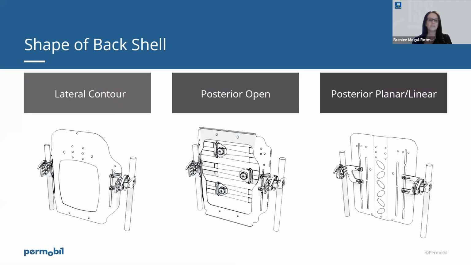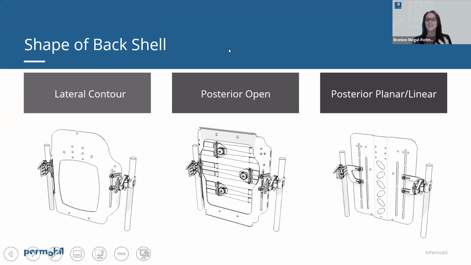There's various shapes of back support shells. The back shell can incorporate lateral trunk contour at various levels and with various amounts or depths of contour. The posterior aspect of the shell can be flat or it can be open. If it's open, that can allow for enhanced immersion into the back support posteriorly, and that can help with managing seat depth.